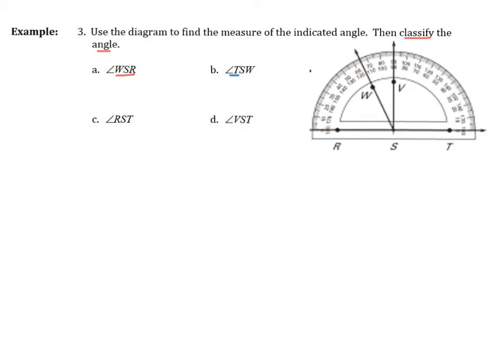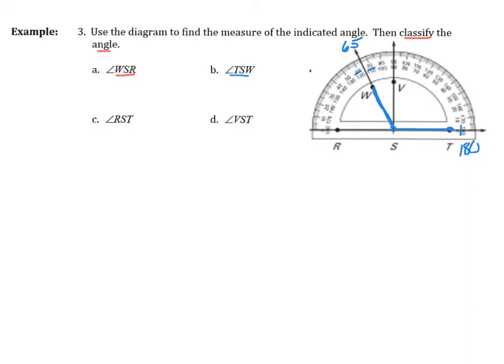Next one I'm looking at is TSW. We used this ray earlier. So if I were to use the numbers on top again, this ray is pointing at 65, and this ray down here is pointing at 180.